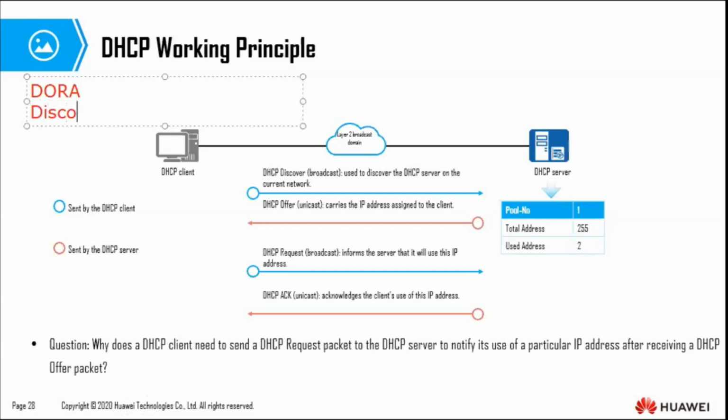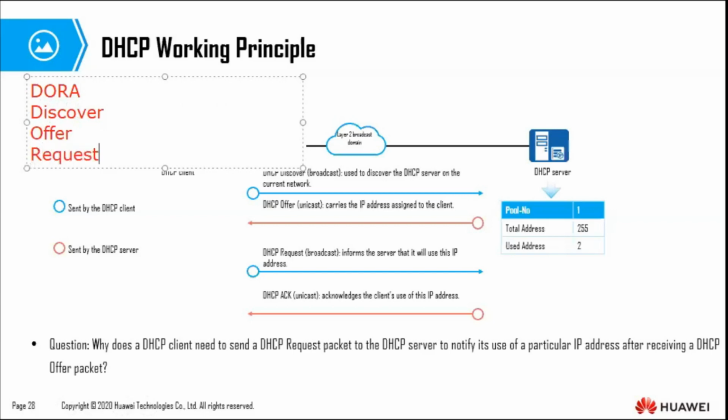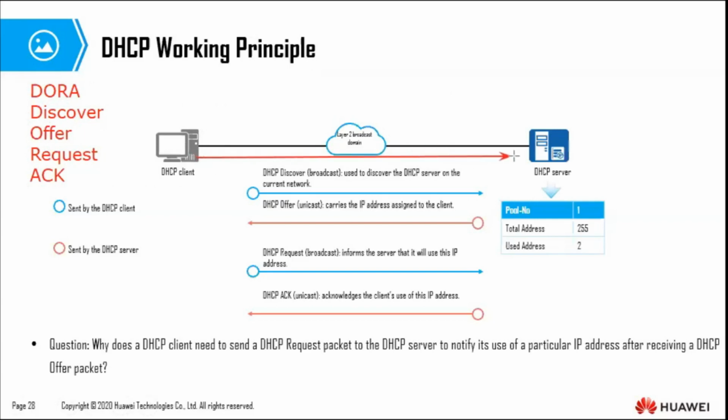DORA is discover, then offer, then request, then acknowledge. So let's understand the DORA process. So first, when you connect your device to the network, it's going to send a DHCP discover packet. Not request, discover.